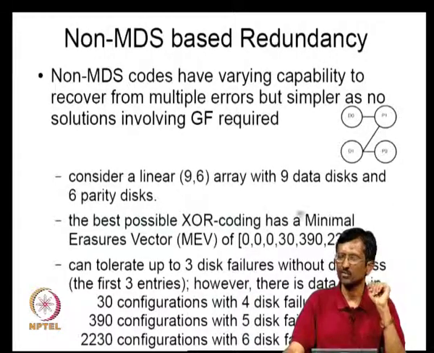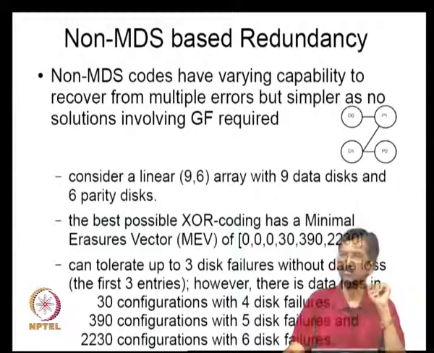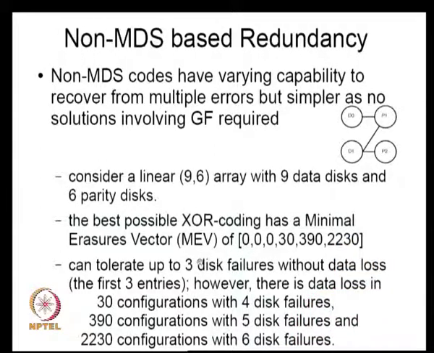People have computed this. That one has a certain reliability measure. For example, the best one has this reliability measure. What does it mean? It means that any 3 disk failures it can handle without any problem. For example, this gives you how many ways you can fail when so many errors are there. For example, you fail in 0 number of ways when there is only 1 error.